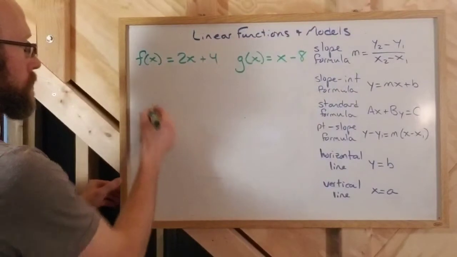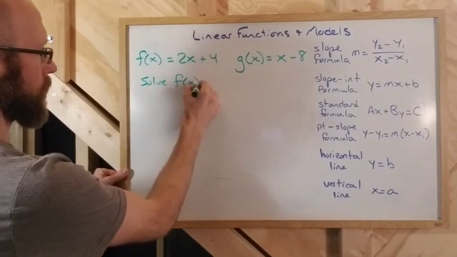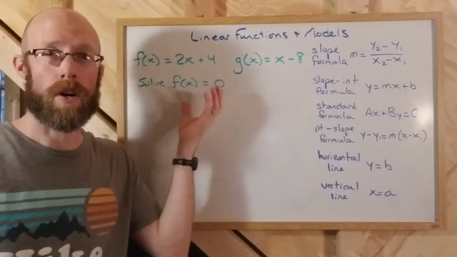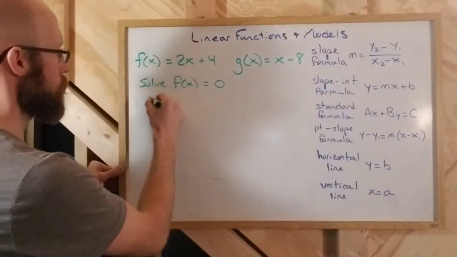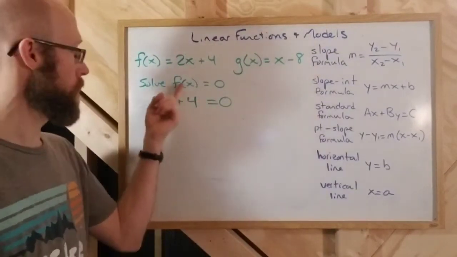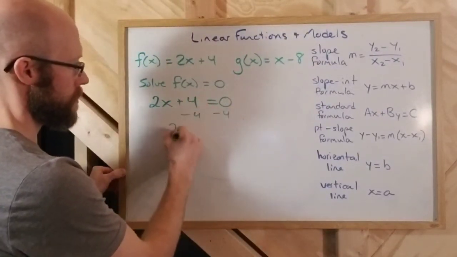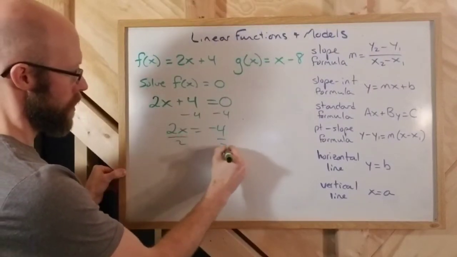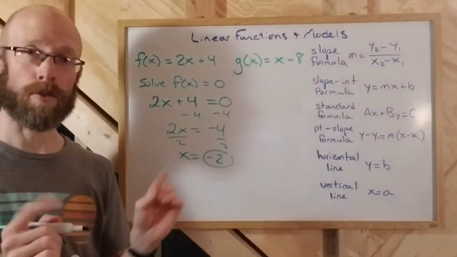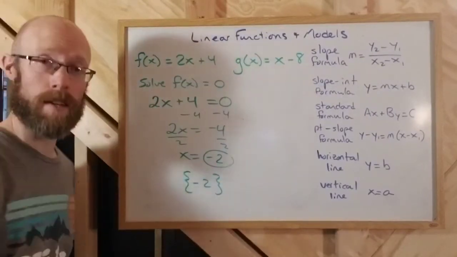We could find x values that make f of x equal to 0. Solve f of x equals 0. All you do is replace f of x with 2x plus 4, set that equal to 0, and solve for x. I'll do that quickly, and you get an x value of -2. So you're solving an equation. Of course, this would be a solution set, so your solution set would be the set containing -2.